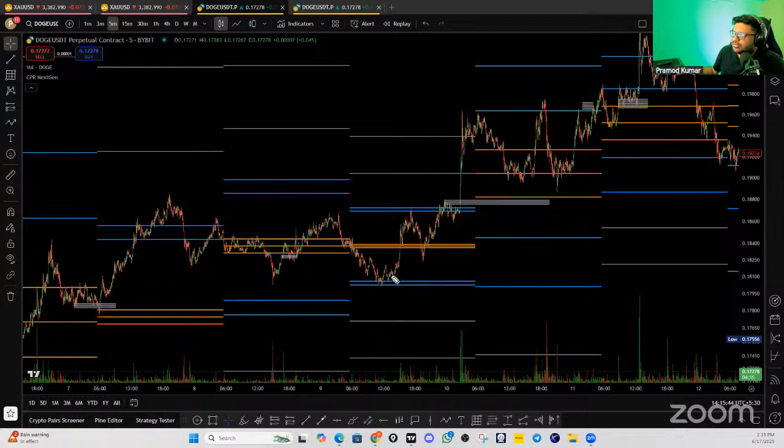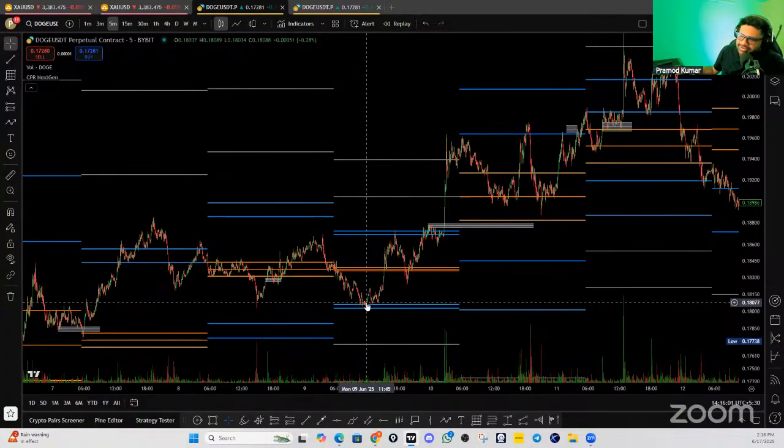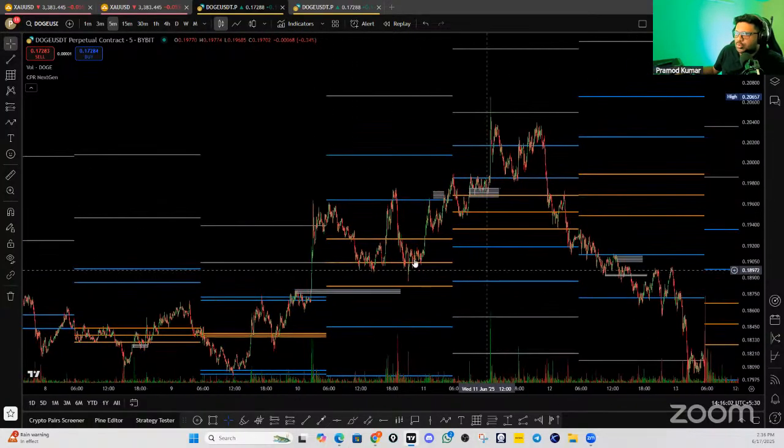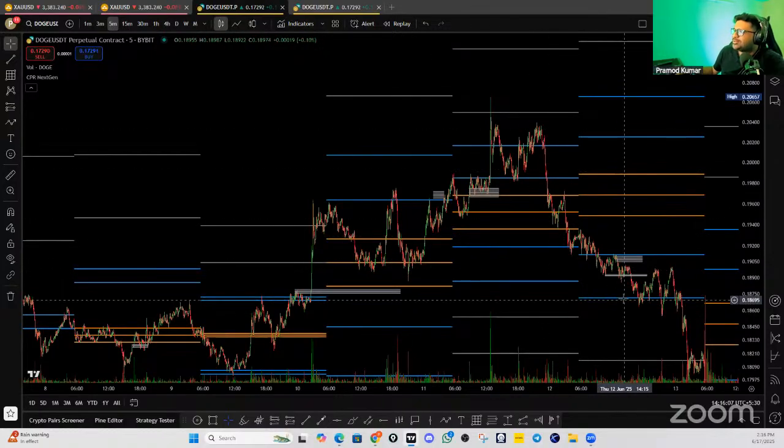So you know that today maybe market can move up. So you were holding. The next day, again you are holding. The next day, you won't get the chance to re-enter. They'll go very fast. Why? They took the liquidity. If there is no one in this trade, the market will go very fast. If there are too many members sitting, then market will come very fast to take those liquidities.